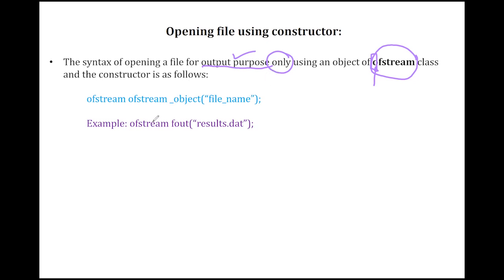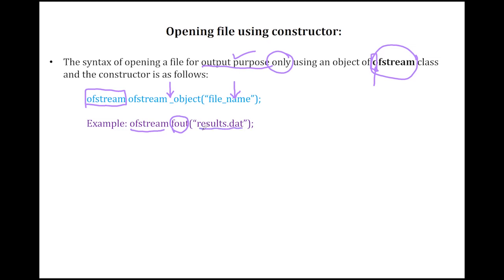So what is the syntax for that? I'm going to use the word ofstream. This is going to be my keyword. Then I'm going to create an object. The object name can be any name of your choice, and then the file name, the respective file which you want to use. For example, see here, ofstream, the keyword remains the same. fout is a name given by the user. This is nothing but my object name, and result.dat is the file which I want to use.